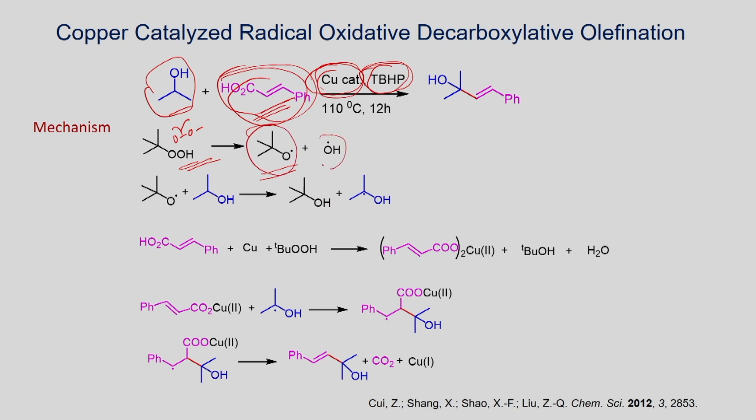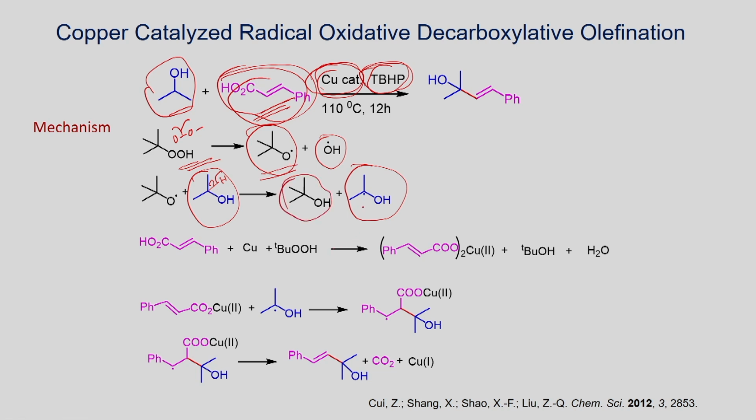Once you form the tertiary butoxide radical, this can react with isopropanol. This is well known. It can undergo homolytic cleavage of this carbon-hydrogen bond. You form this radical, and the tertiary butoxy radical is converted into tertiary butanol.